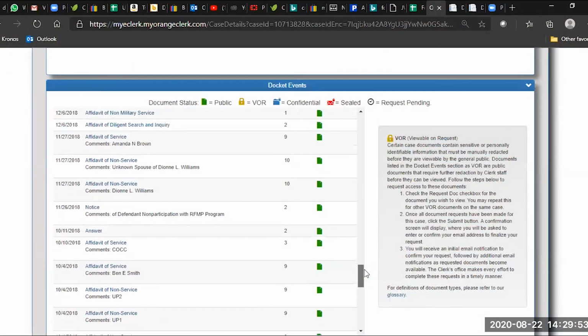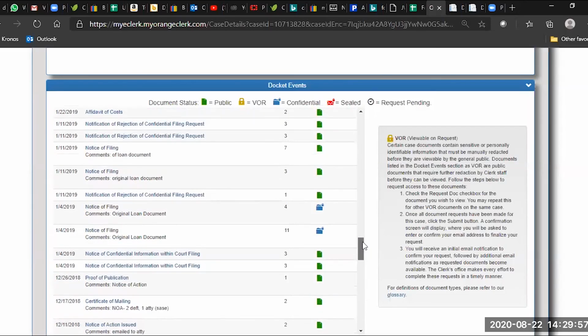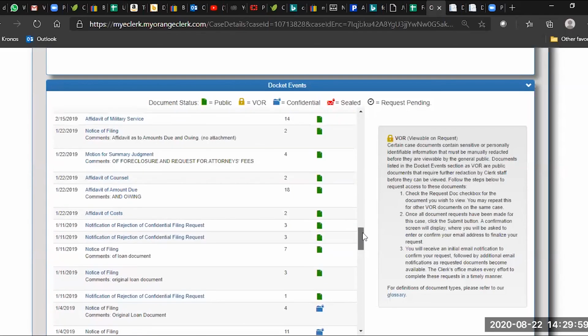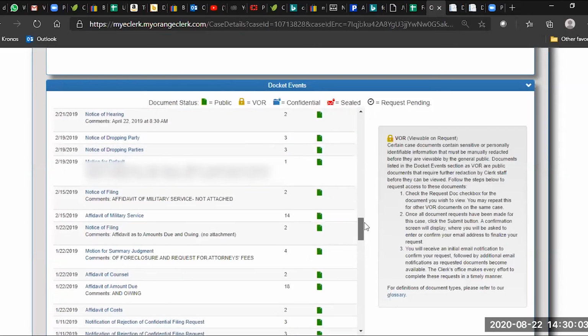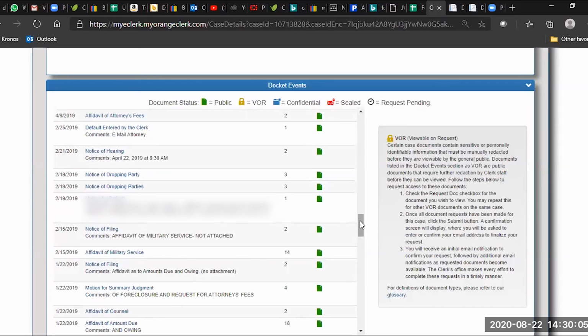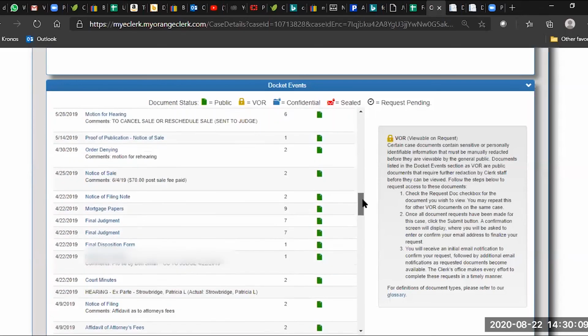So again, I may have avoided some sale that others went on and bought and did quite well and were successful. But going through here, I don't see any problems with the sale. Motion for summary judgment, motion for default. Once you see the default, that's a pretty good sign that nothing happened.